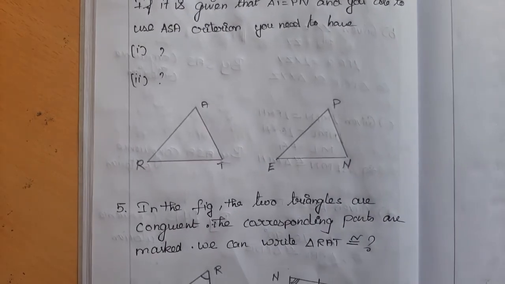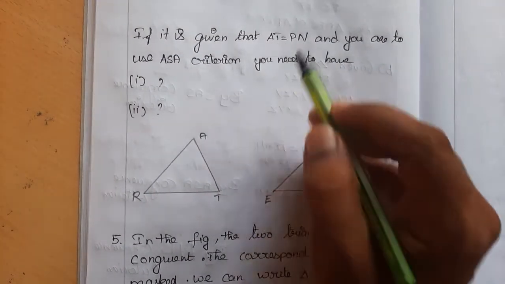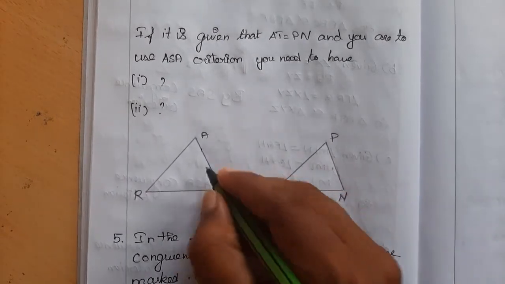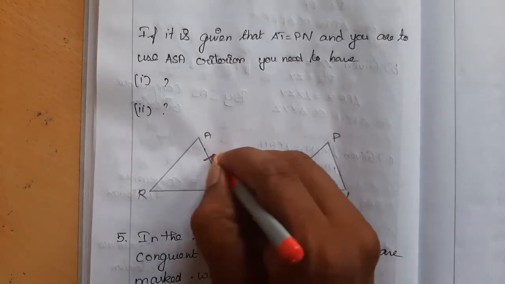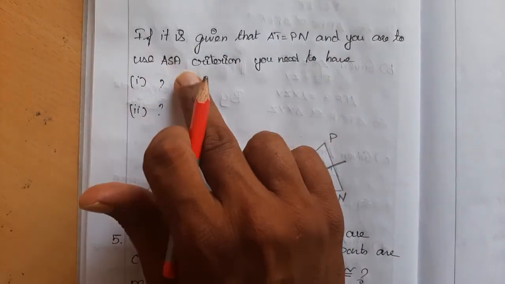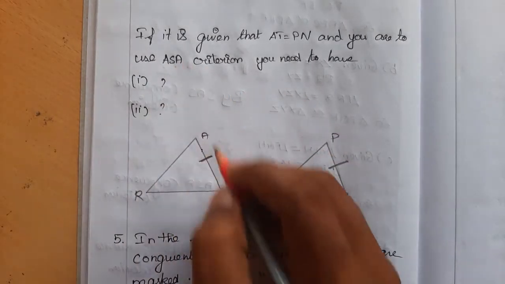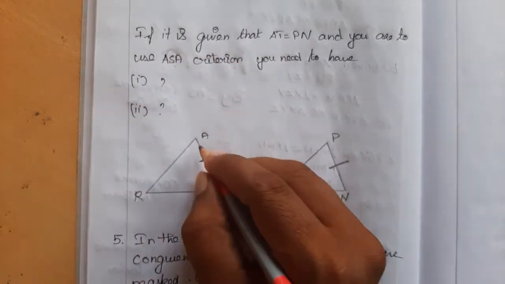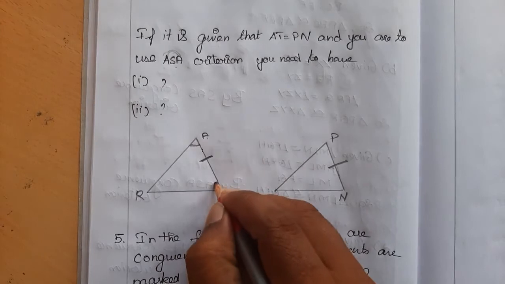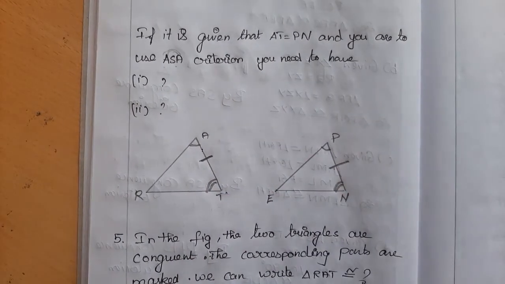Proved. So next, if it is given that AT is equal to PN, and you have to use the ASA criterion, you need to have this side, and the angles must be included in this side. So this is the angle included, right? So this one and this one, it's easy.